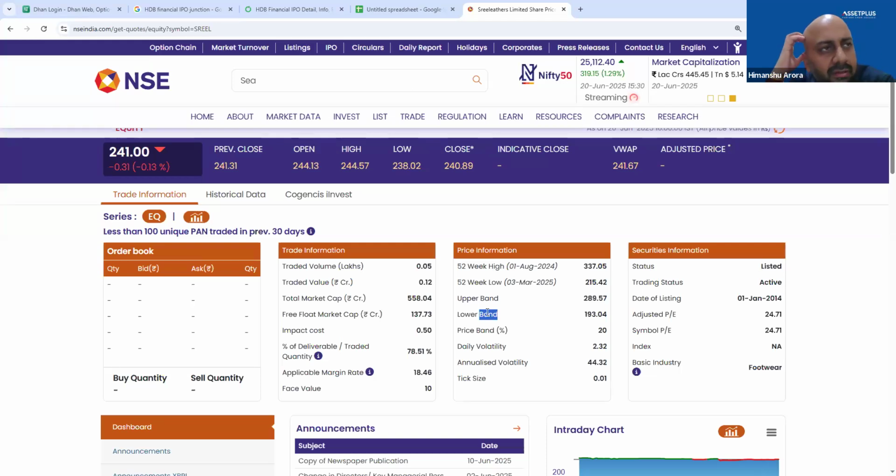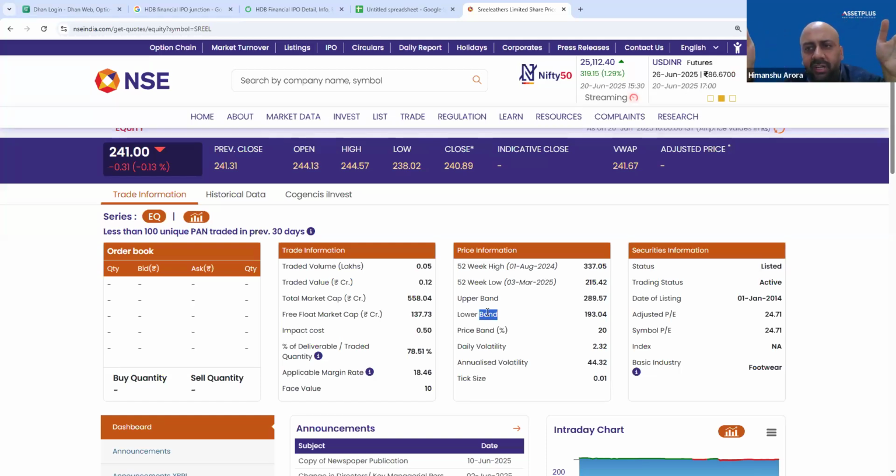There's an important aspect to it. You will not be asked about this in the exam though, but you should be aware of this. For example, a stock is hitting a 20% price band. Think of an animal in a cage. The animal has become very, very volatile, very, very wild.